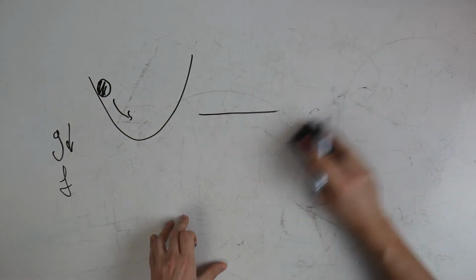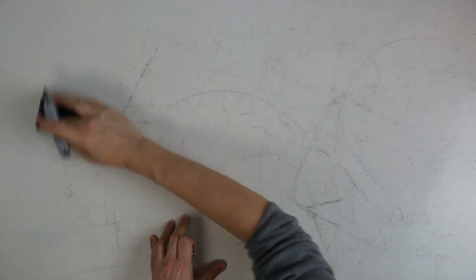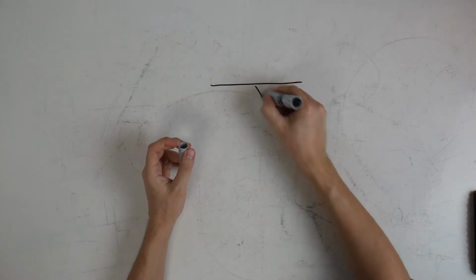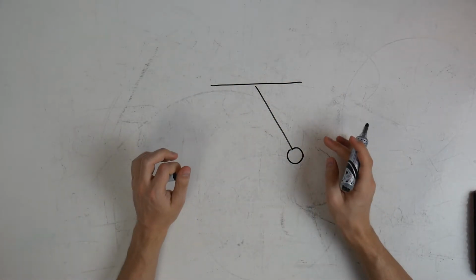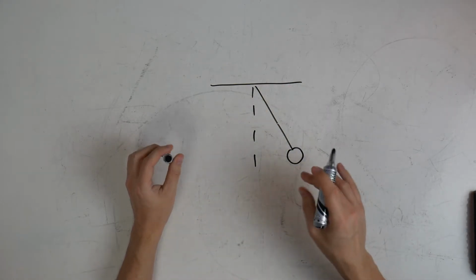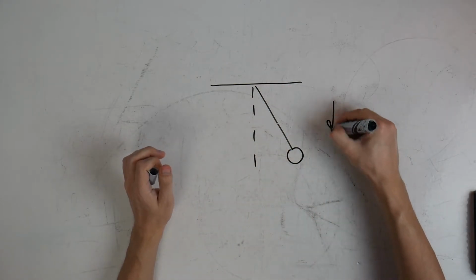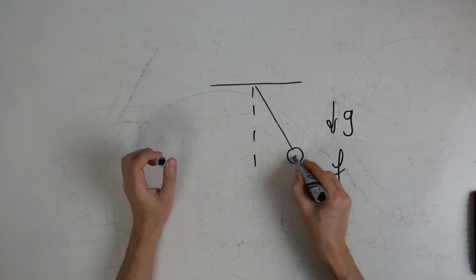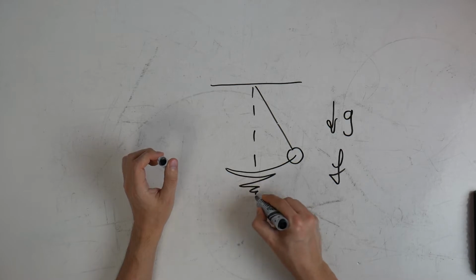So, what is an example of a real mechanical system like that? Well, a pendulum, of course. Our little pendulum has an equilibrium point at the bottom. So, if you just leave it here in a gravity field with some friction, it will just stabilize itself here.